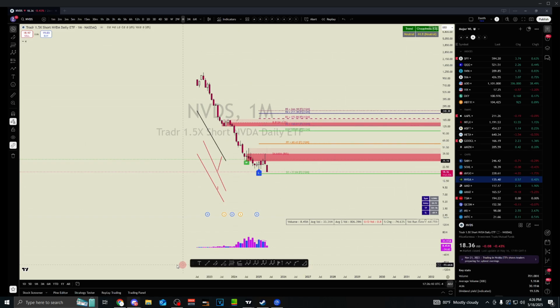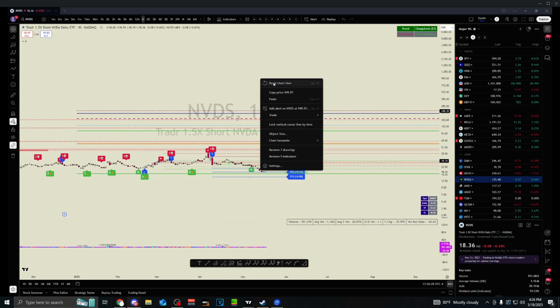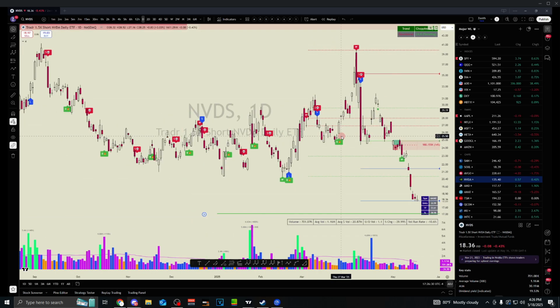So as I was saying on Nvidia, it does have a small wiggle room to test out that distribution zone, and when that happens, there's a high chance that we're gonna test $17 on this one. And if we hold that zone, there's a high chance that we're gonna get bounced back pretty soon on this one, which is gonna be bearish on Nvidia. So that's my whole thought process on it and how I'm looking at it.